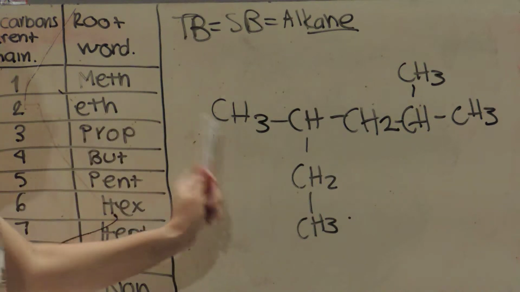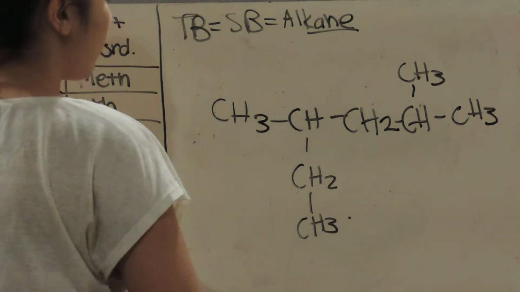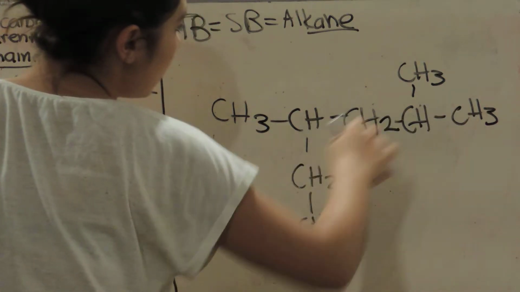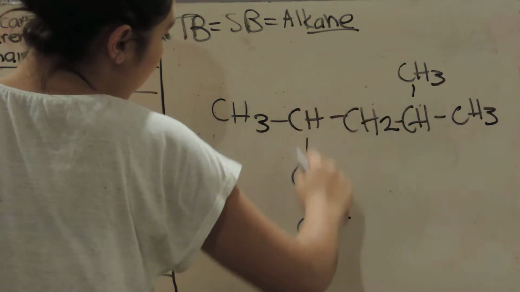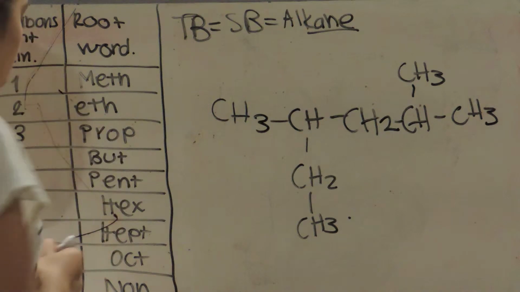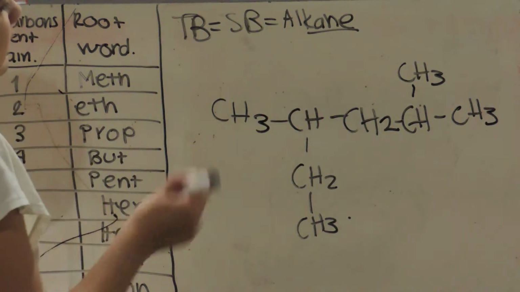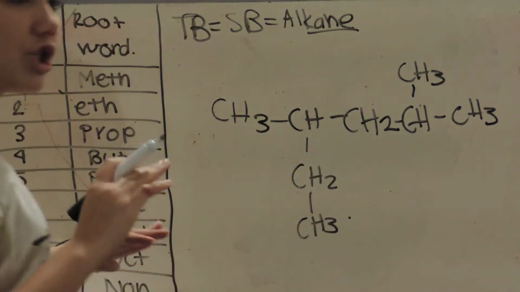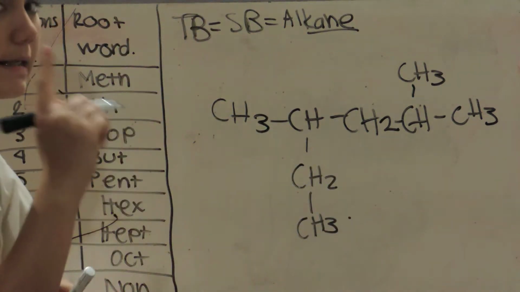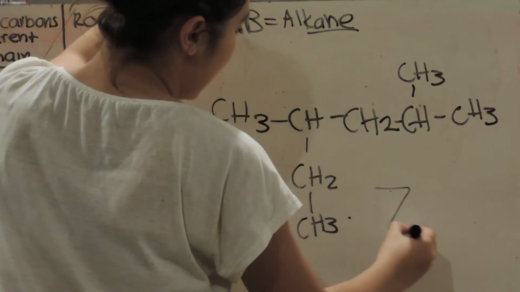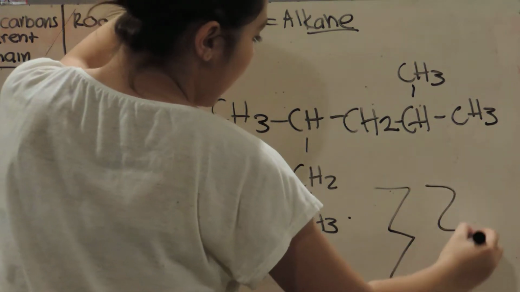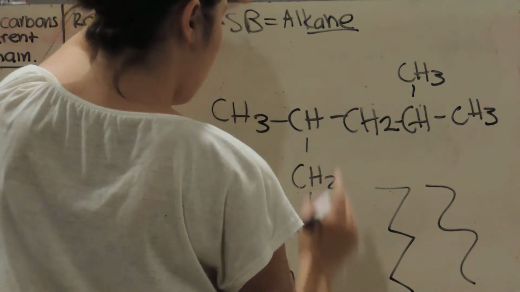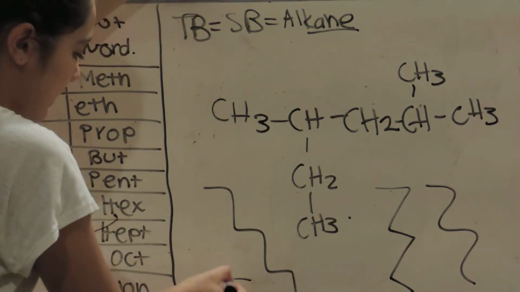In this structure we can have many chains. For example, this can be one, this can be one, this could be another one, or this could be another one. Something that you need to take into account is that the chain needs to be a single line. In any shape, but it needs to be a single line. For example, it can be like this, or like this, or like this, but not like this.